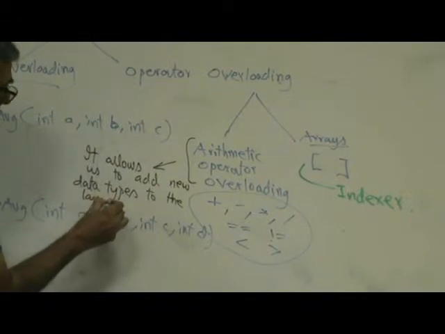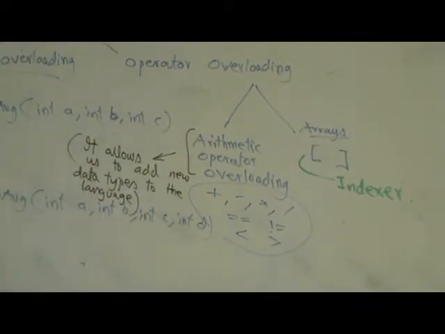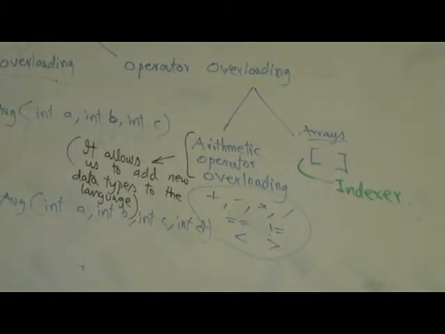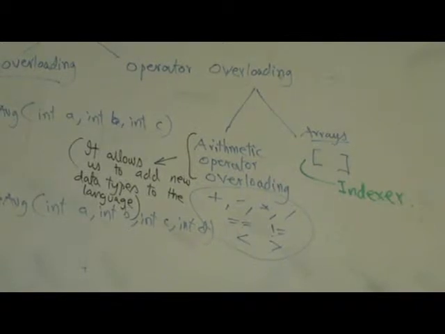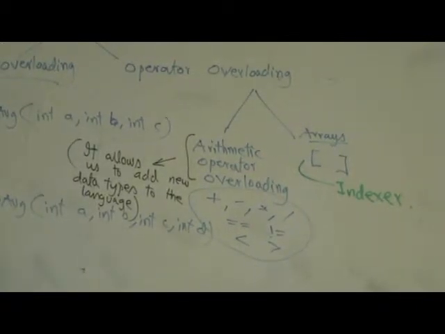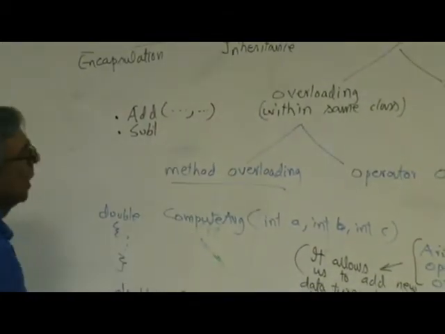So new data types can behave as if they were part of the language. Whereas without it, you will still be creating a class and calling literally dot add or dot subtract, a method, without the operator overloading.